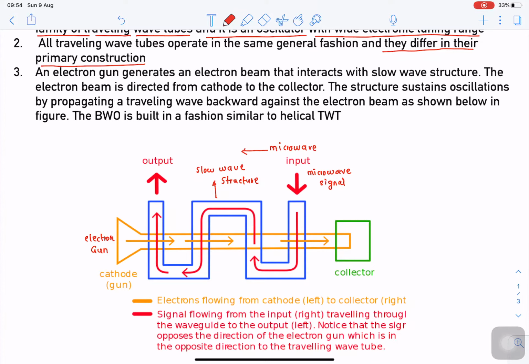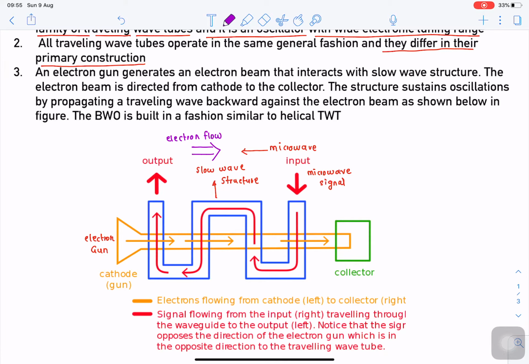And how are the electrons flowing? The electrons flow in this direction, from the left-hand side to the right-hand side. This is the electron flow, which I am showing with a purple color. So these two directions are opposite to each other. The electrons in the electron beam travel in the forward direction, while the momentarily introduced microwave signal during the initial operation propagates in the opposite direction.